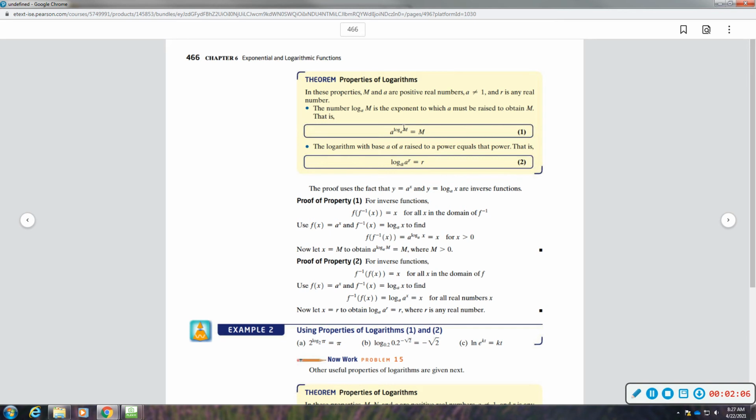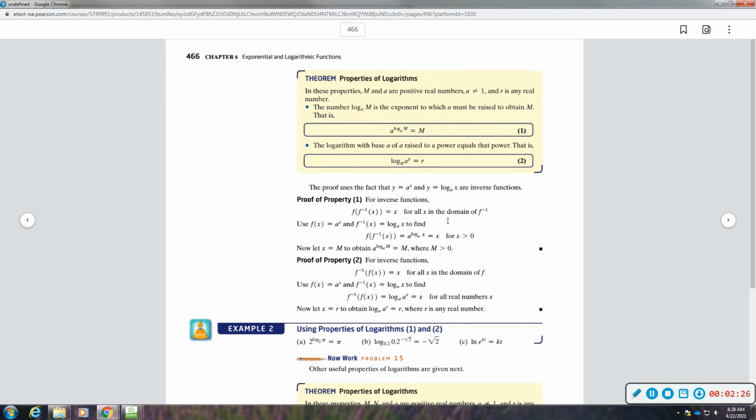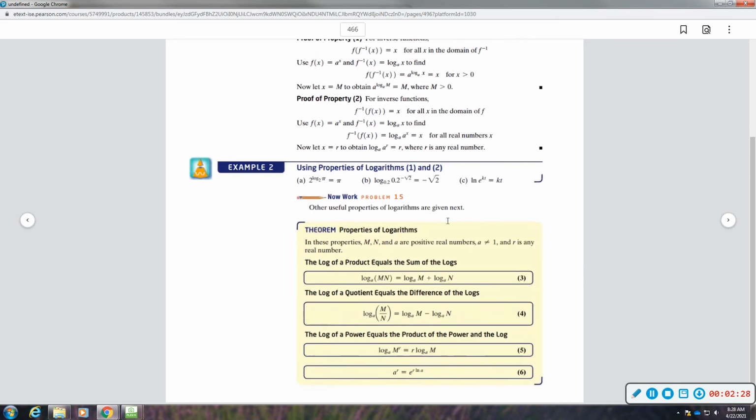So m was that term, so these terms cancel out and you're left with m. And the same thing here, log base a, the a and a log a cancel each other out, and you're left with whatever you're trying to evaluate. In this case, the power of that base. So they both work out pretty close to the same. Very important properties and easy to manipulate whenever you need.